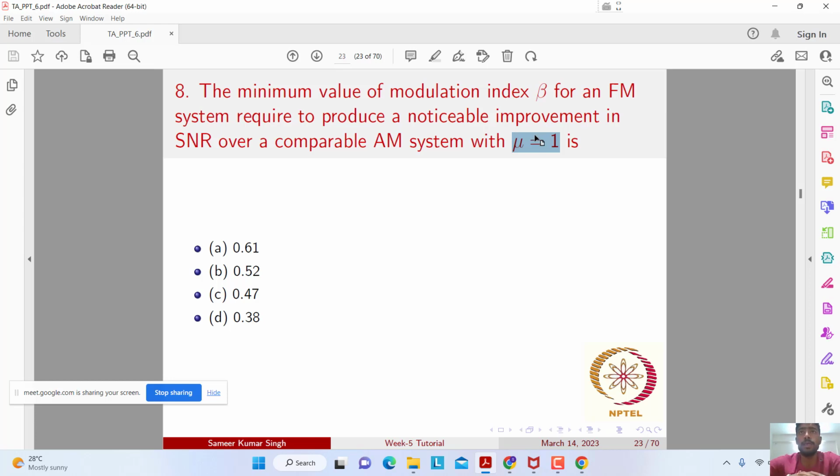We have a modulation index. The AM system's modulation index mu is given, and we have to calculate the modulation index beta in terms of SNR, or we can say efficiency. If we compare both, from there you can calculate the beta for the FM.